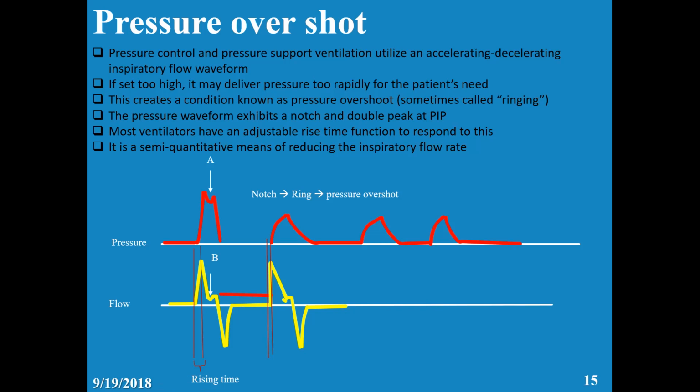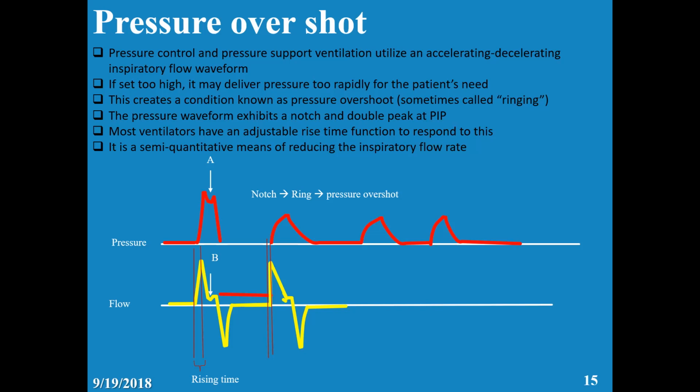We call it pressure overshoot, or some people call it ringing. There is a notch in the pressure wave, and you'll see two peaks of the PIP. In that situation, the rising time, the ramp, should be corrected. Usually the rising time is one third of the inspiratory time.